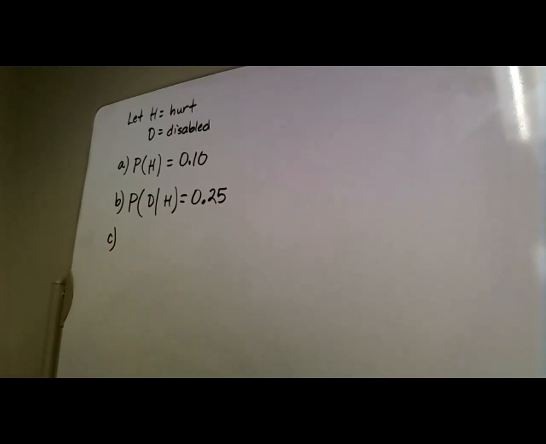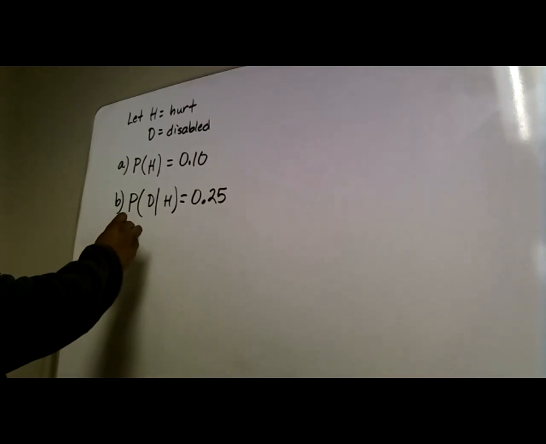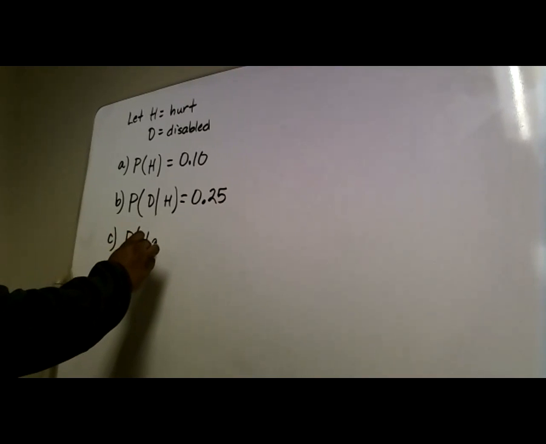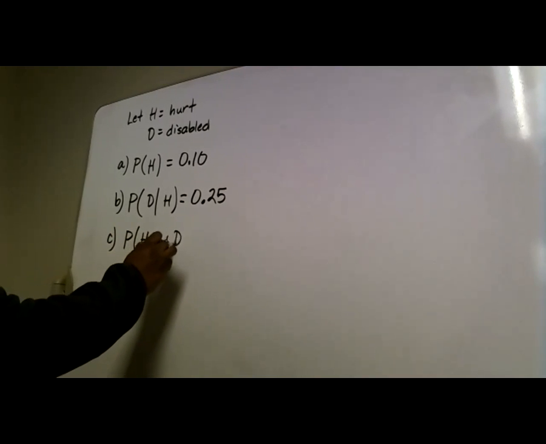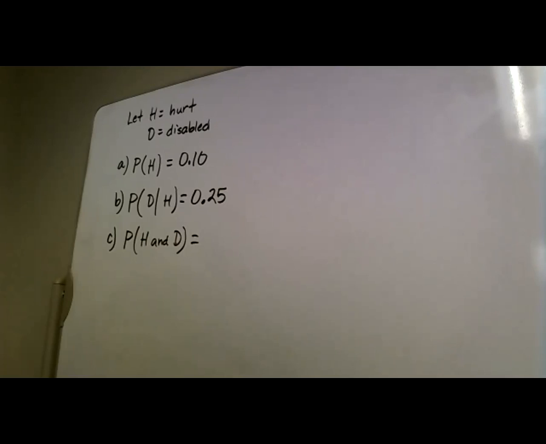All right, and now part C. The probability that a randomly selected officer is hurt in the line of duty and becomes permanently disabled. Hurt and disabled. Okay, so we have to use that formula, that definition that I gave you earlier.